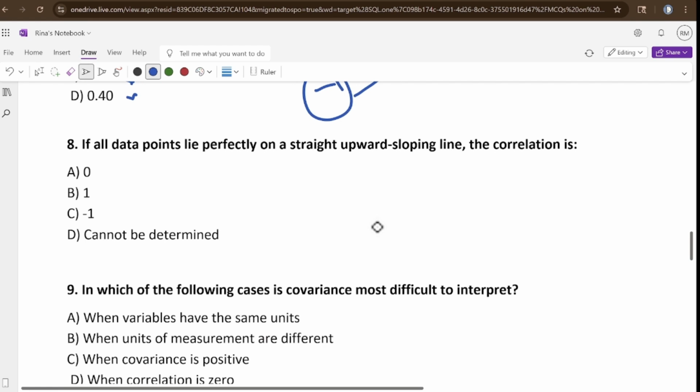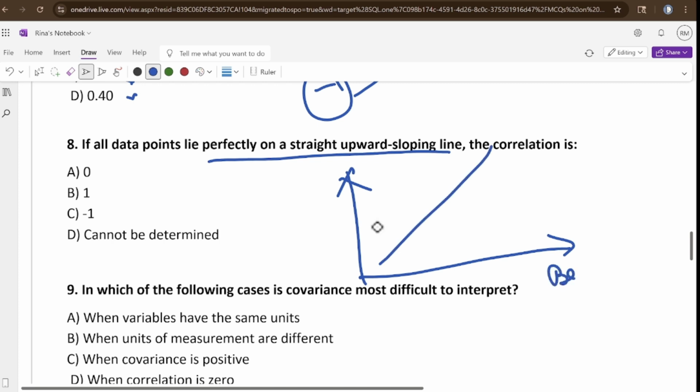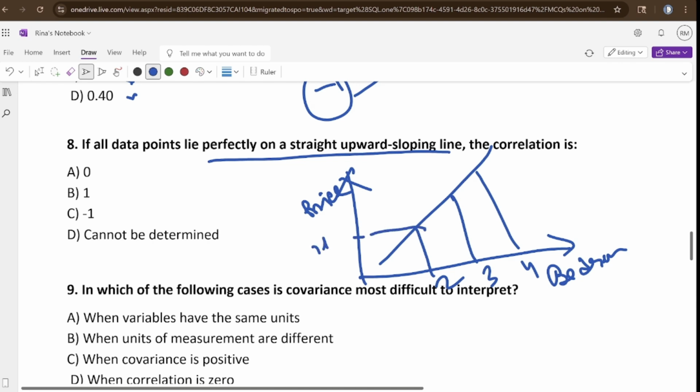If all the data points lie perfectly on a straight upward sloping line, like this, say it is bedroom and this is price, and this is a straight upward sloping line. So here 2 bedroom, 3 bedroom, 4 bedroom. This is the price, maybe 1 lakh, here 2, here 3. So you can understand as one is increasing, the other is also increasing.